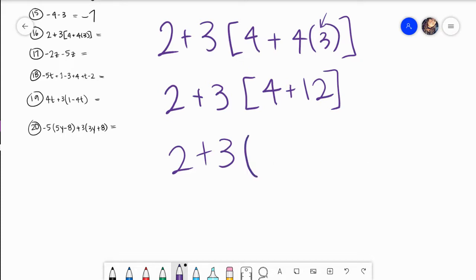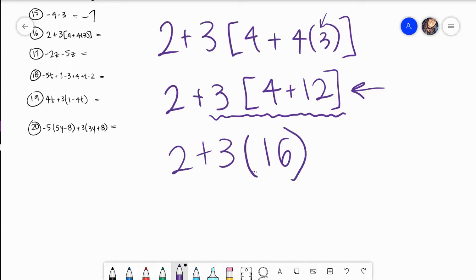I know that they were in brackets originally, so I'm at least going to put them in parentheses. I want to switch to parentheses because I only have 1 set, but make sure you keep something around it because these 2 terms right here, they're multiplying each other. We just have to figure out what's going on inside of here first. So 4 plus 12 is 16. The signs are the same, so we just add it together and we keep the positive, right?